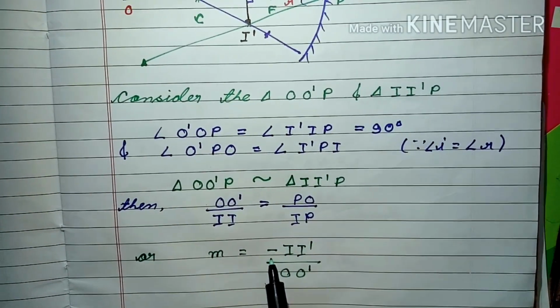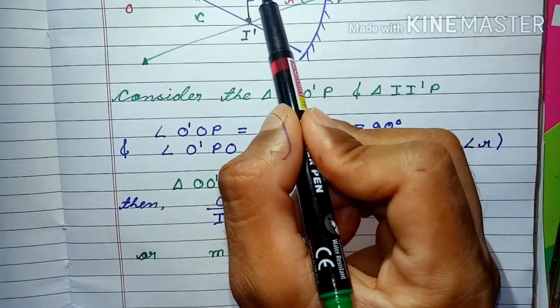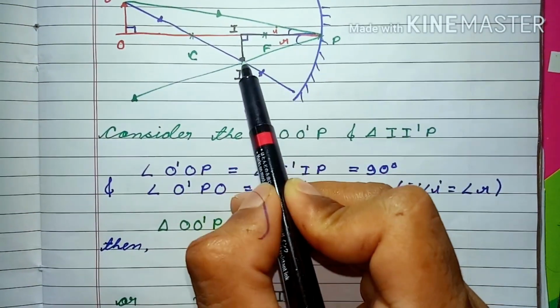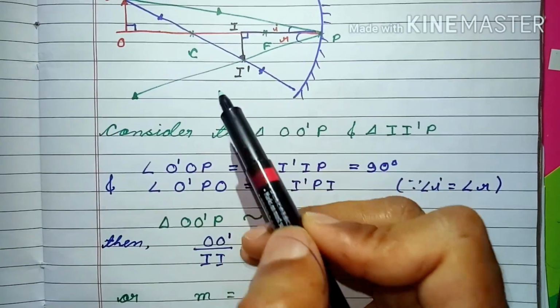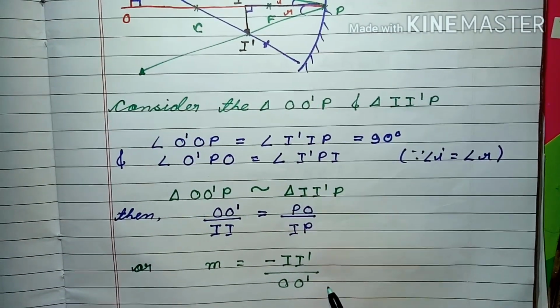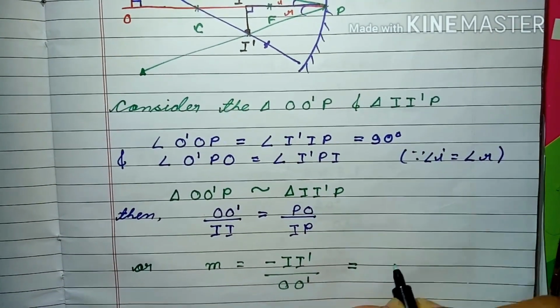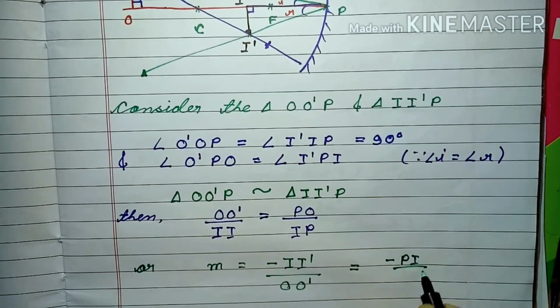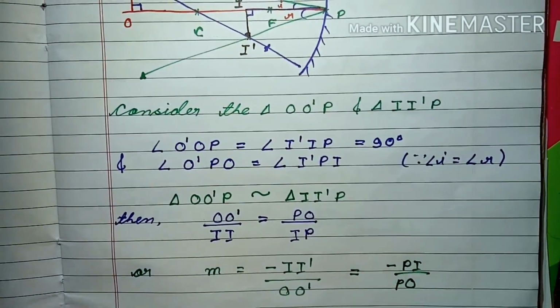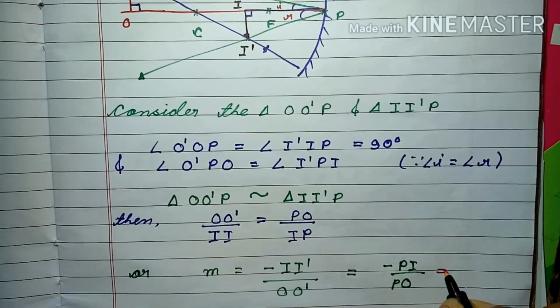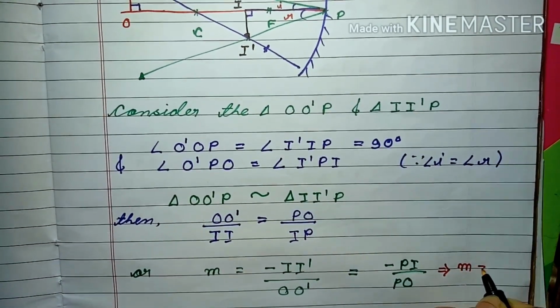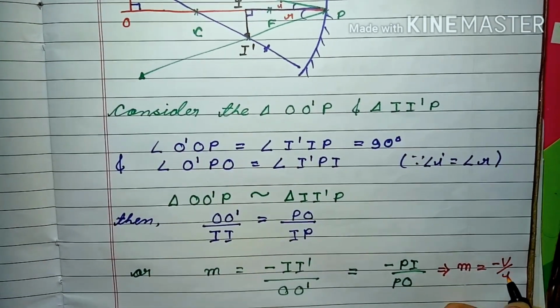Why do we take minus here? Because the distance we measure for I dash is below the principal axis. Then this is equal to minus PI upon PO, which is nothing but M equal to minus V by U.